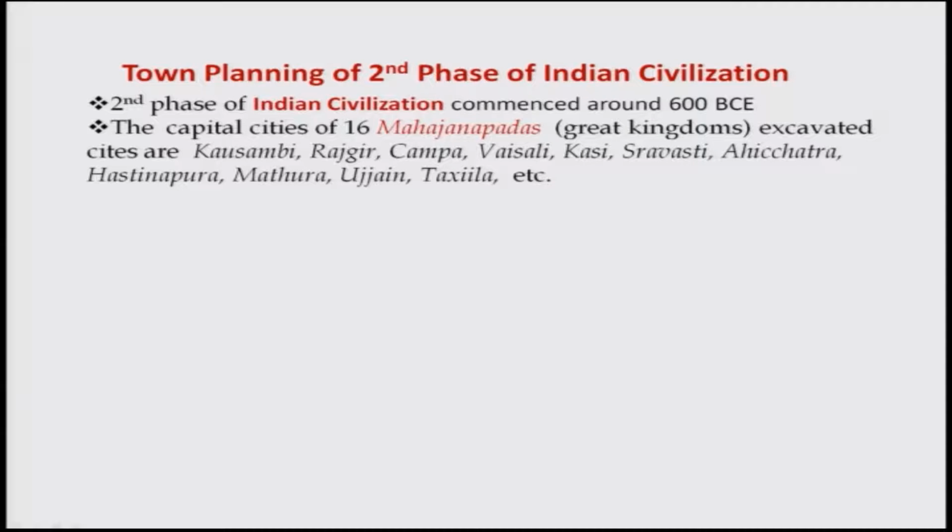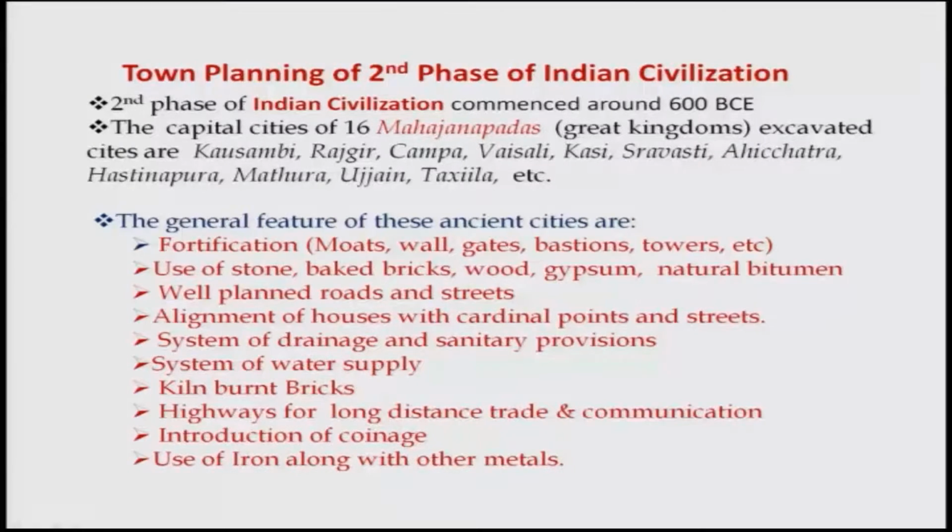Some of them are Kausambi, Rajgir, Kampa, Baisali, Kasi, Savasti, Achitra and Hastinapura, Mathura, Ujjain, Taxila and others, several of them. What we will be doing basically is looking at some selected ones only.